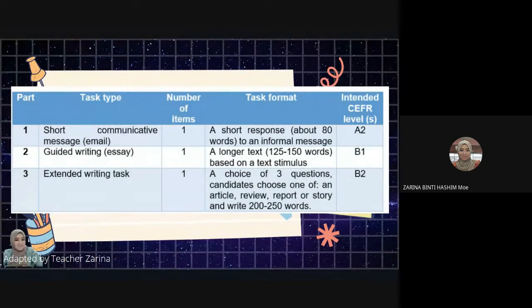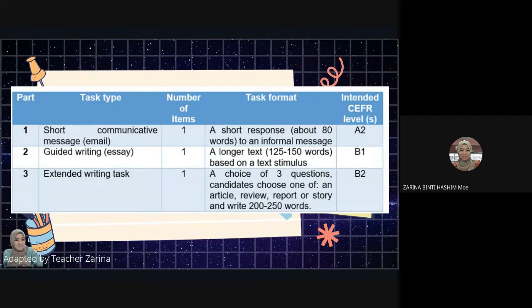But just to remind you that you may be asked to write a formal letter or formal email.